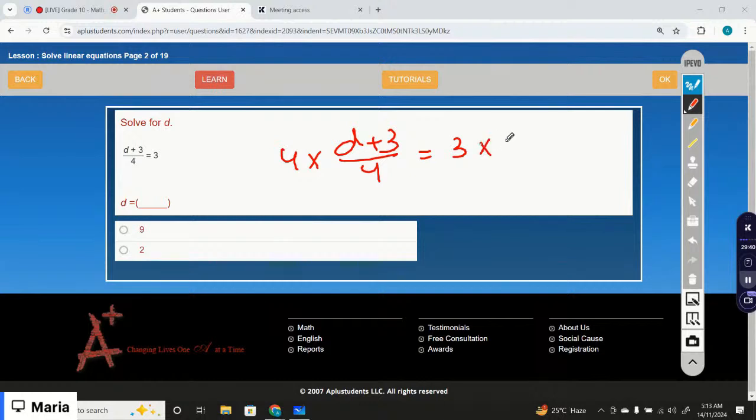So multiply both sides by 4. D plus 3 equals 12. Now subtract 3 both sides. That is d equals 9. That is option number 1.